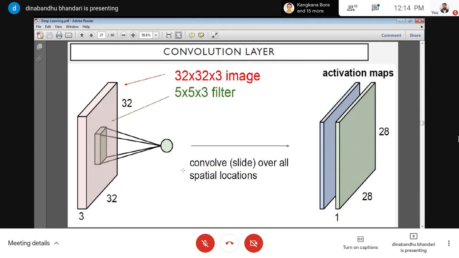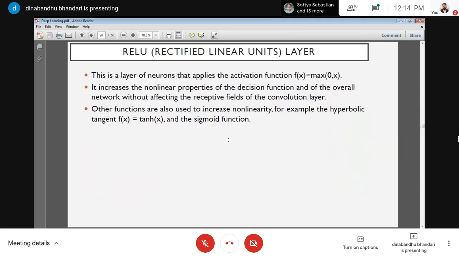Maybe one filter will help identify vertical lines, another horizontal lines, another contours. So you can take different types of filters to extract higher level features, which are called activation maps. This is the job of the convolution layer.